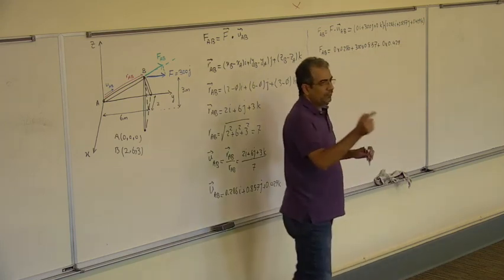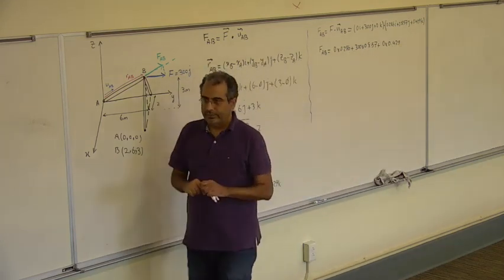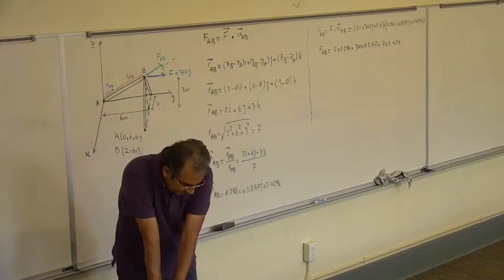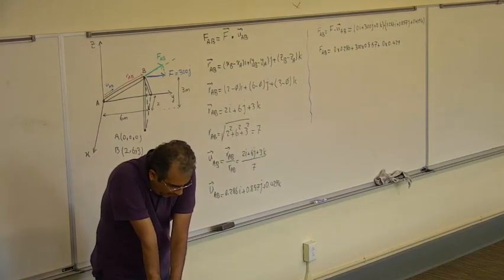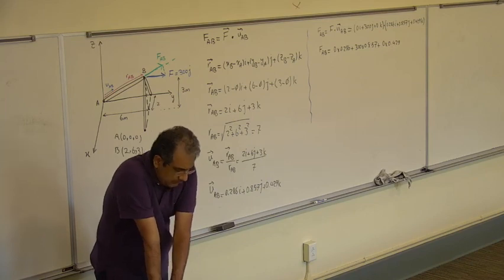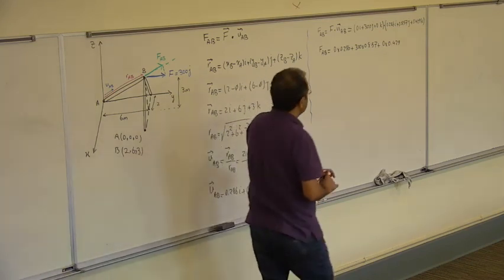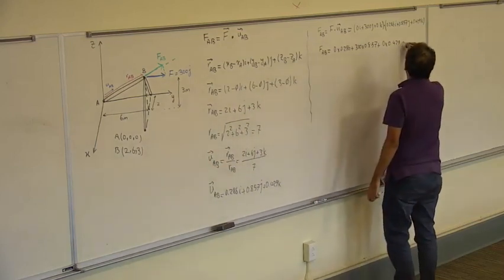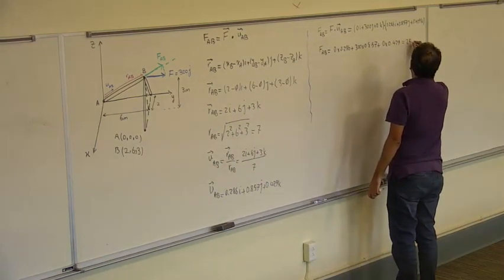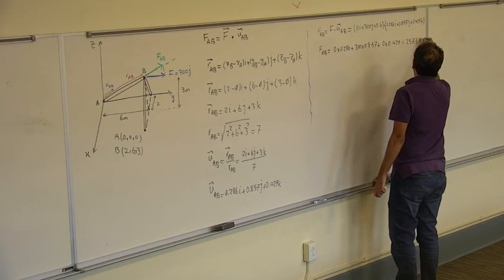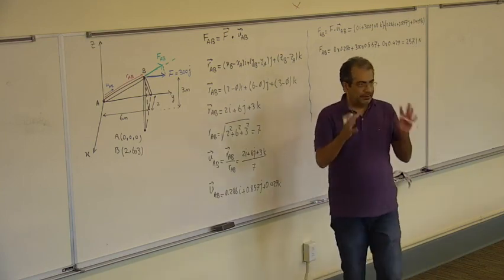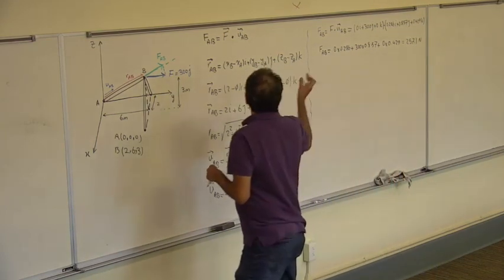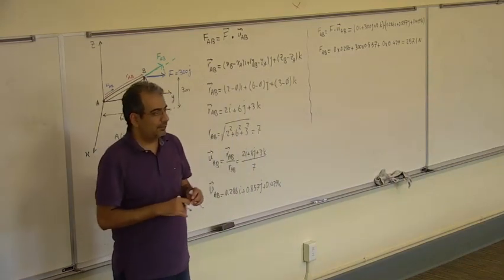So x times x, y times y, z times z, and we found that it is 257.1. So that's the magnitude of that FAB.